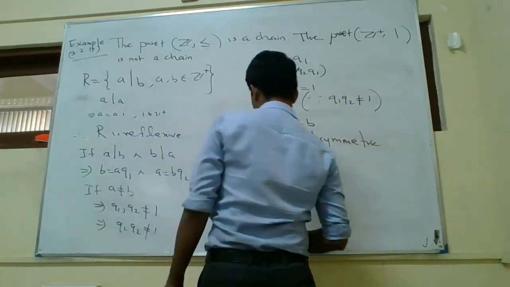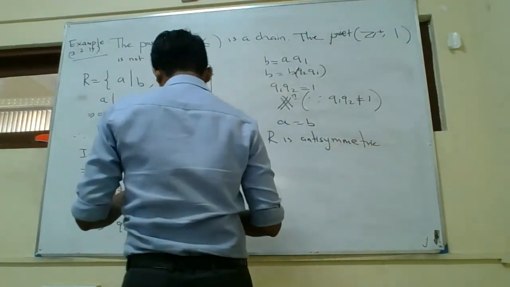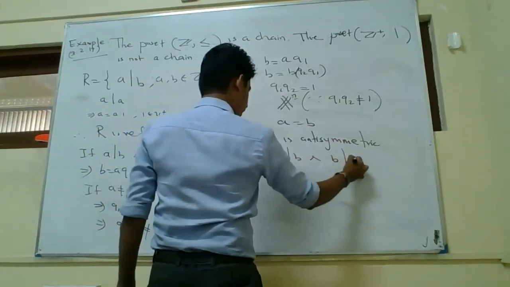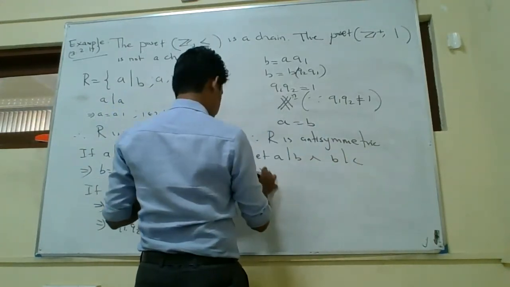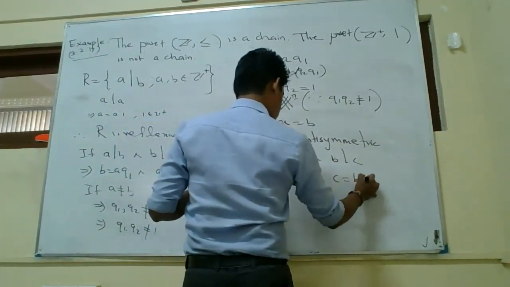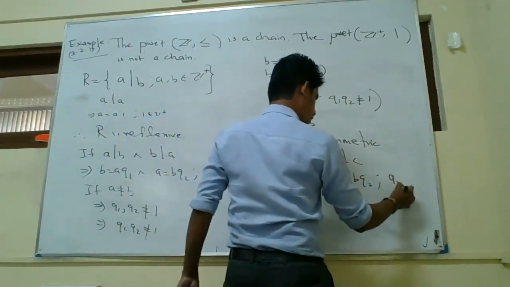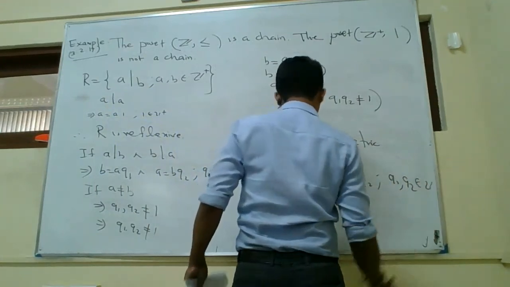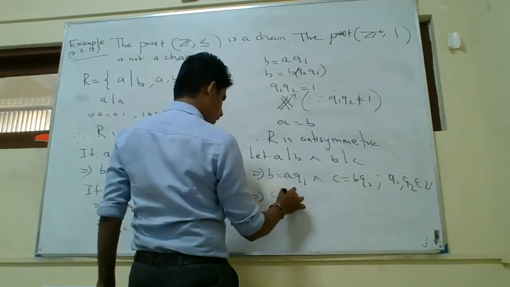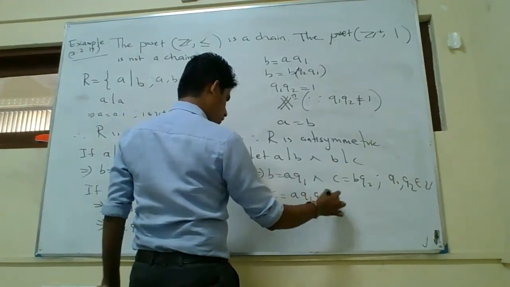For the transitive case, let A divides B and B divides C. This implies B equal to A Q1, C equal to B Q2, where Q1, Q2 belong to the set of integers. This implies C equal to A Q1 Q2.